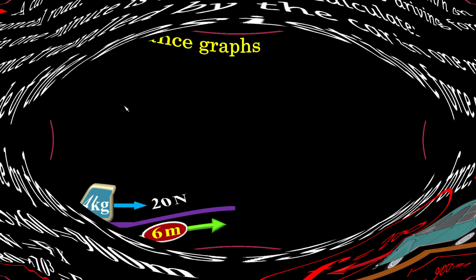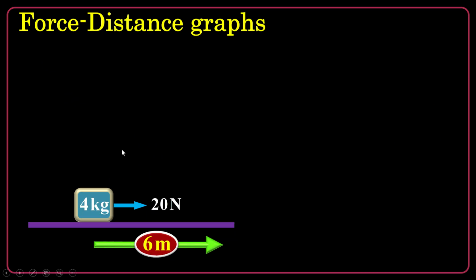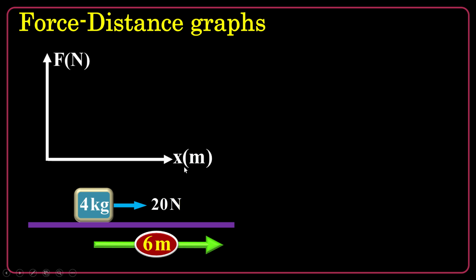That's all. Now look at a very interesting example. Let's say there is a force acting on the object, 20 newtons, and it has a displacement of 6 meters. Let's draw a force-distance graph. The force is 20, so it's going to be a horizontal line for 6 meters.